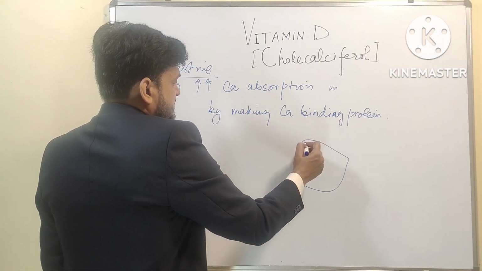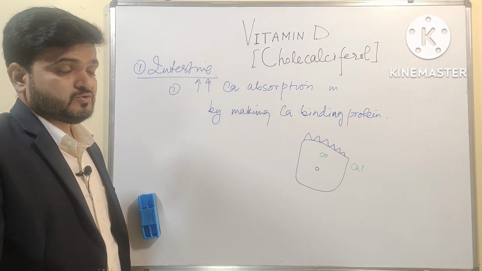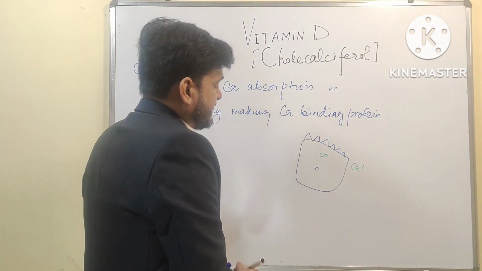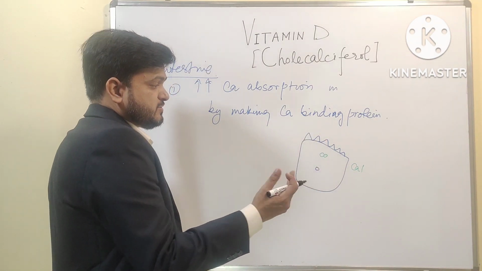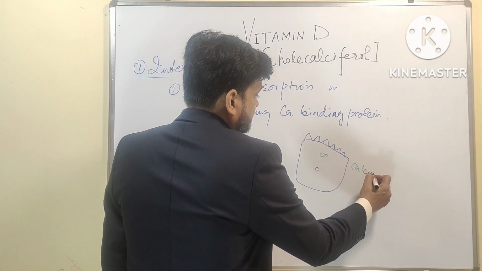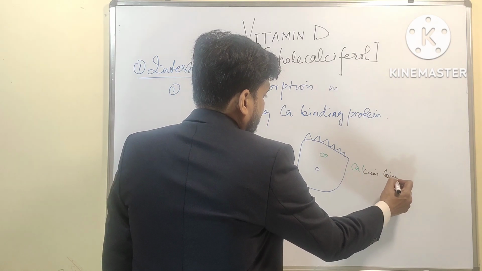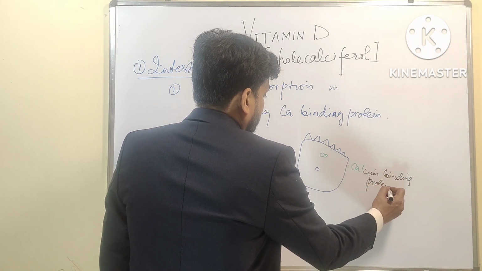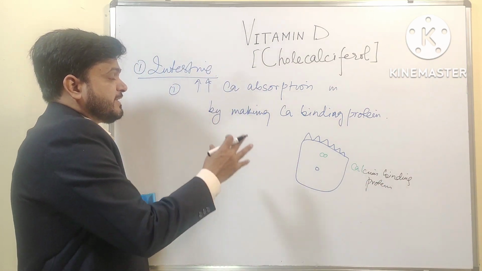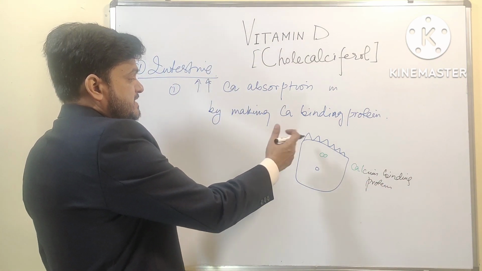So for absorption of calcium, we need a protein which is known as calcium binding protein. So what actually does vitamin D do in these cells?